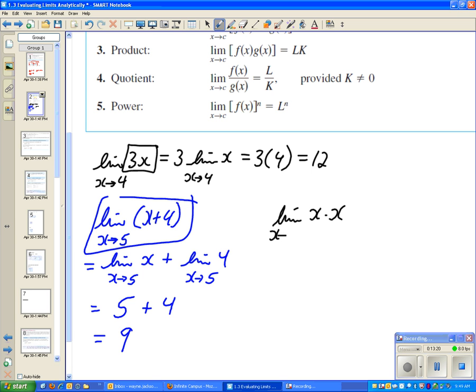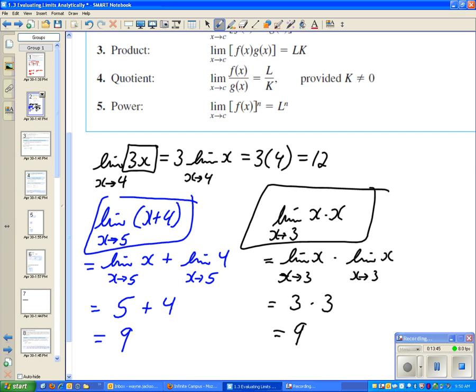As x approaches 3, this property says I can make this the limit of x as x approaches 3 times the limit of the other x as x approaches 3. What's the limit of x as x approaches 3? 3, 3, 9. Could I have gotten that right off the bat just using substitution? Yep.